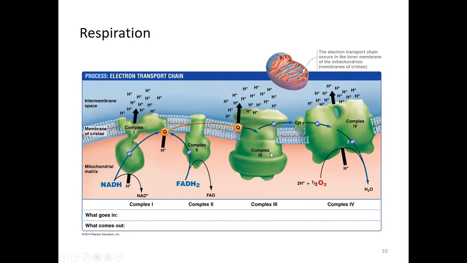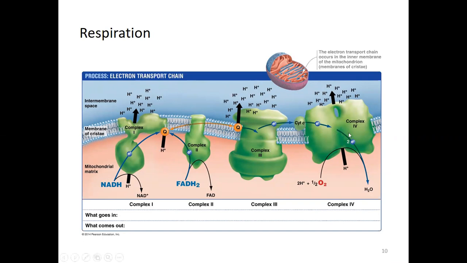Then the electrons go from complex 3 to a molecule called cytochrome C. That protein, cytochrome C, is reduced by the electrons from complex 3. It carries the electrons to complex 4, where it is then oxidized, and that then reduces complex 4.